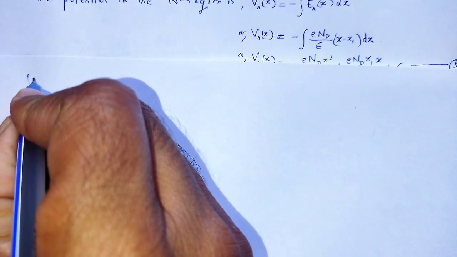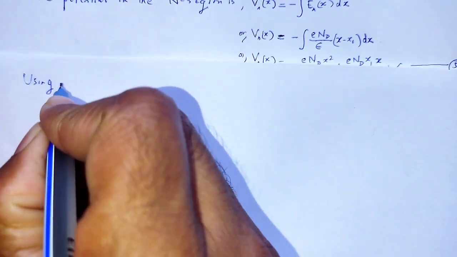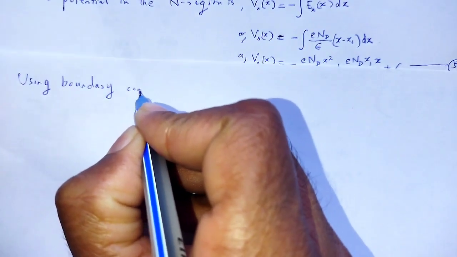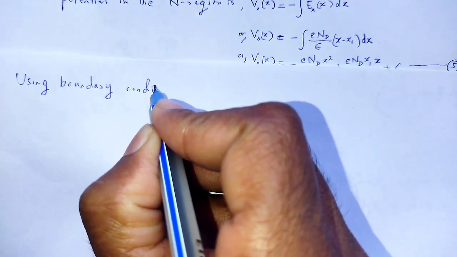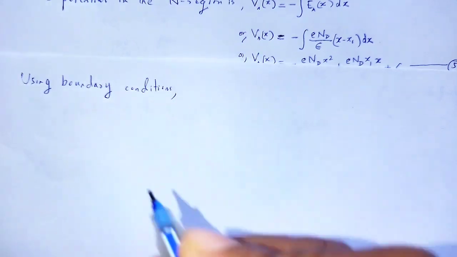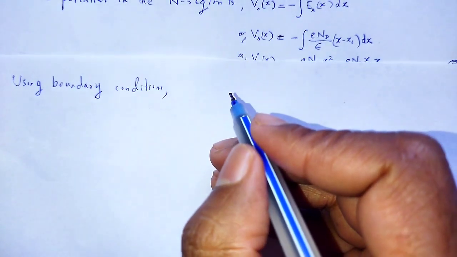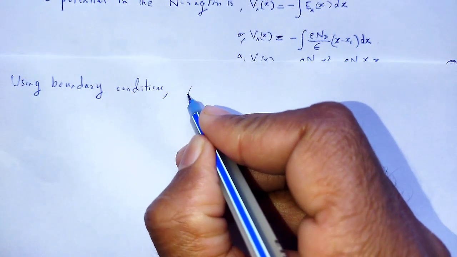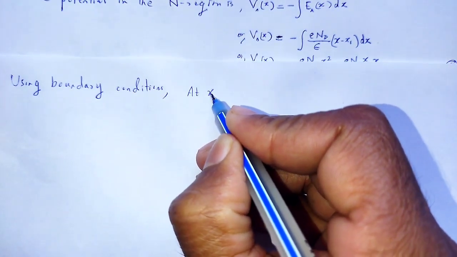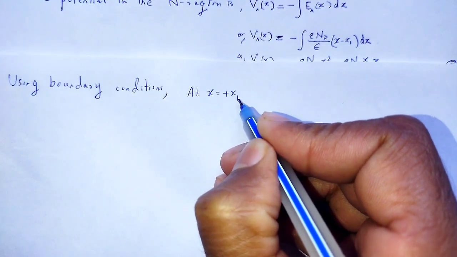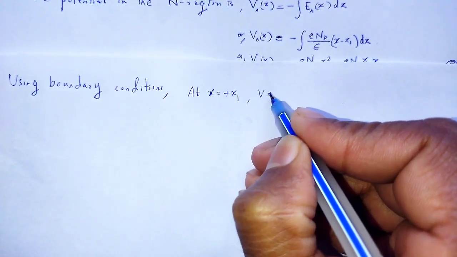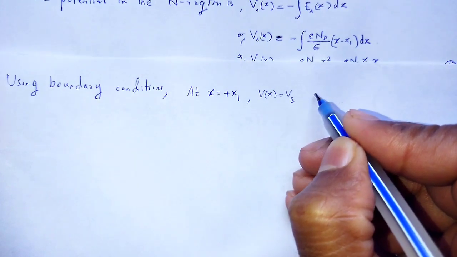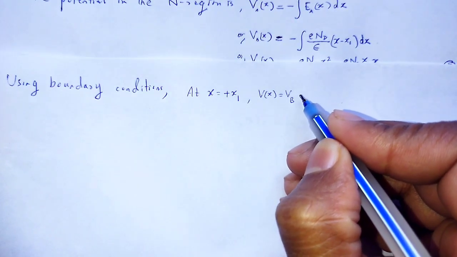Using boundary conditions, at x is equal to plus x1, V of x is equal to V of b, where V of b is the barrier potential.